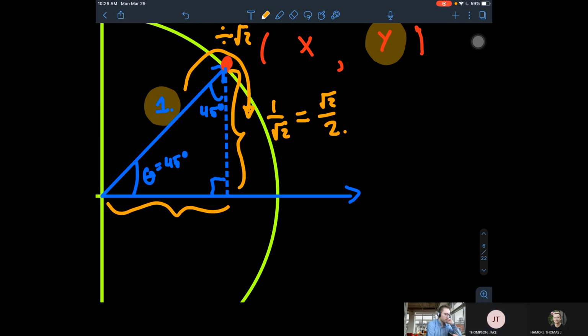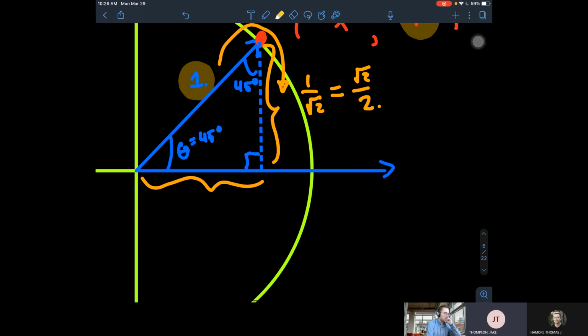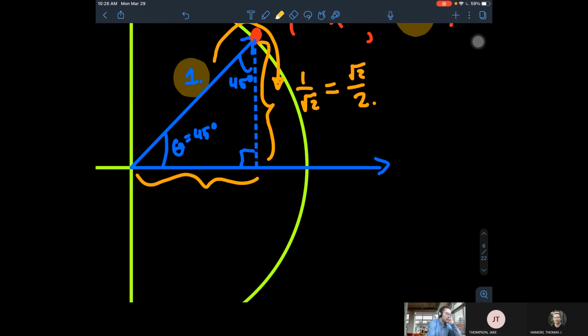And how about the other side length going left and right? Square root of 2 times 3? No. Well, you have a 45, 45, 90 triangle. There was a relationship that we had between the two side lengths of a 45, 45, 90 triangle.